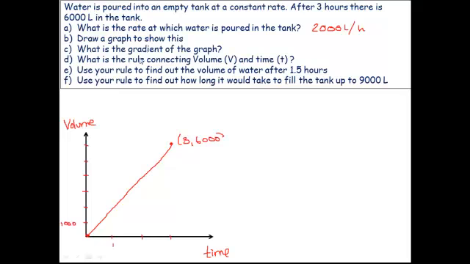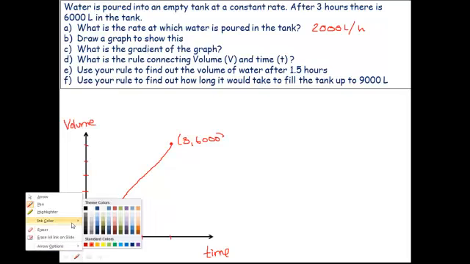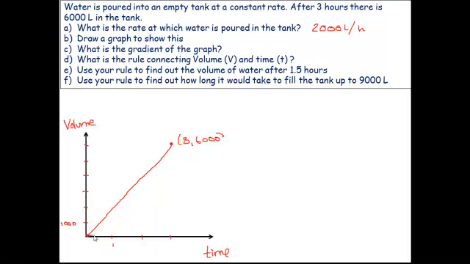Okay, so what is the gradient of this graph? So if I were to draw my triangle in, the rise here goes up to 6,000 and the run is 3.